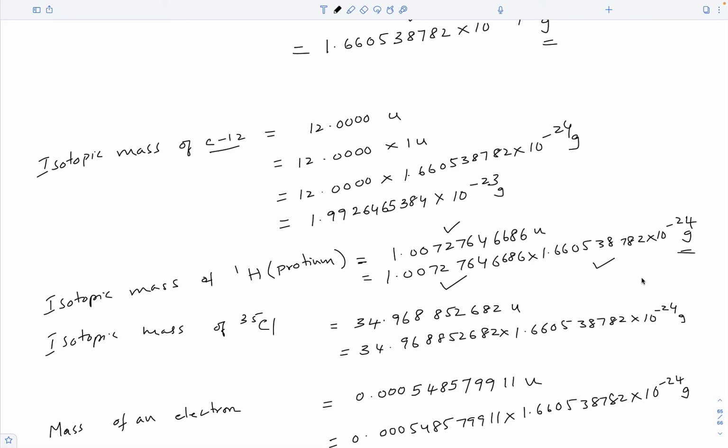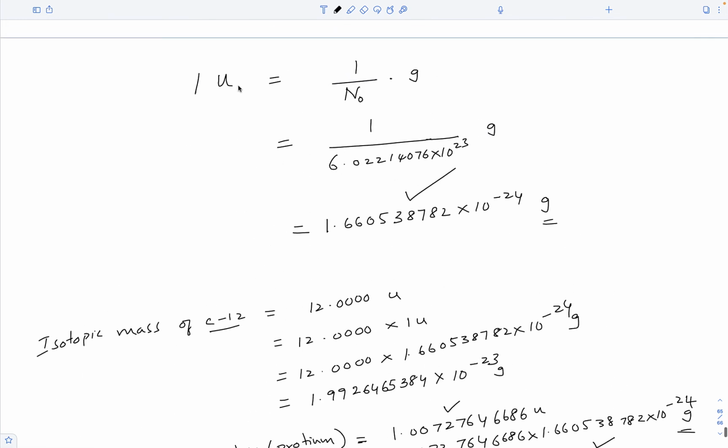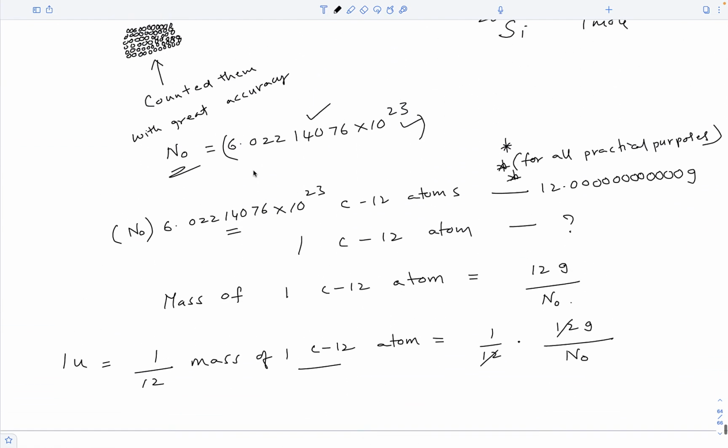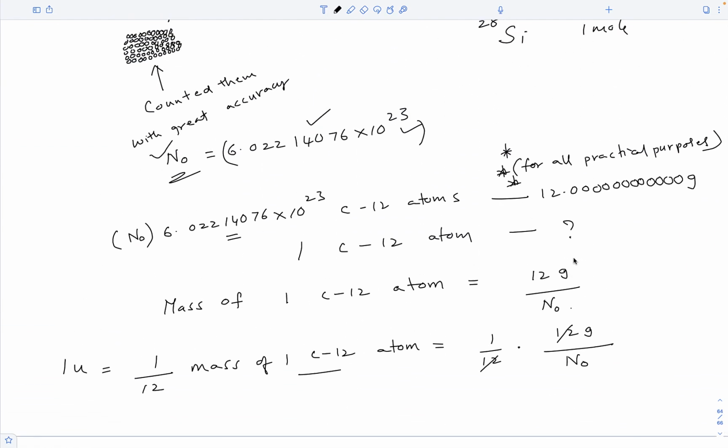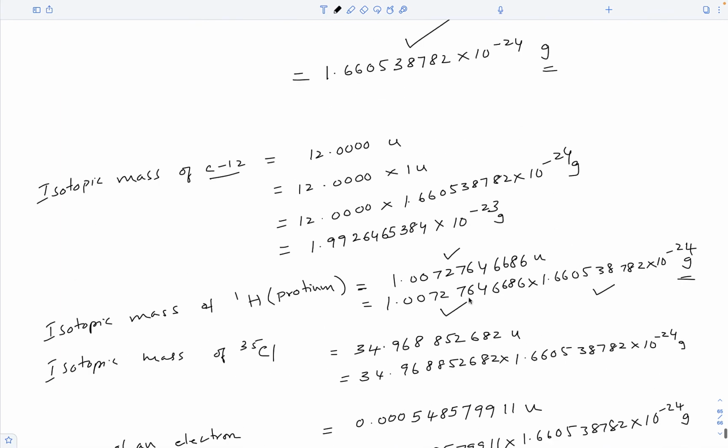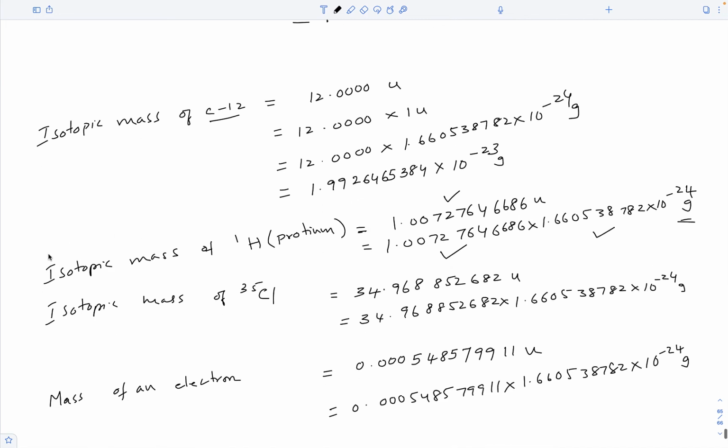We obtained a very accurate value for 1 U in grams because this Avogadro's number is very accurate. That means we are multiplying two very accurate values. Therefore, the mass you calculate in grams would also be very accurate.